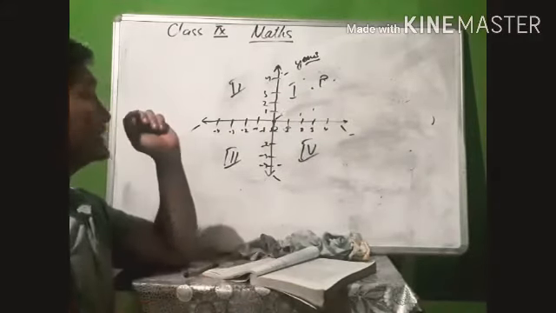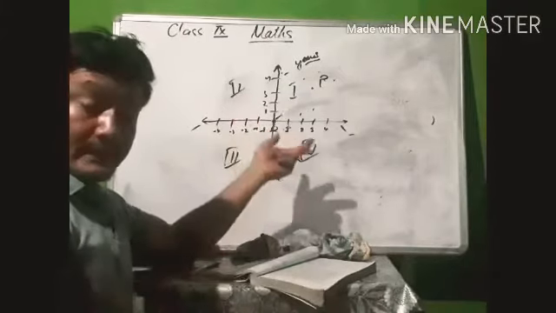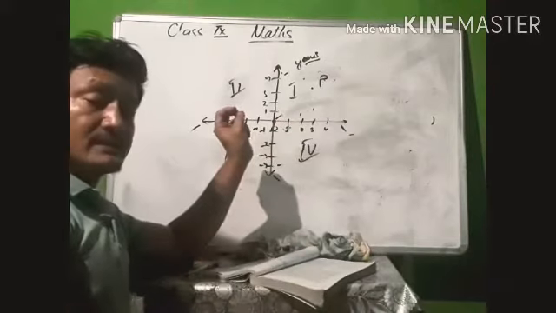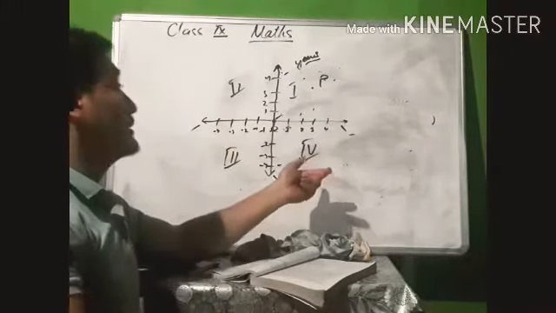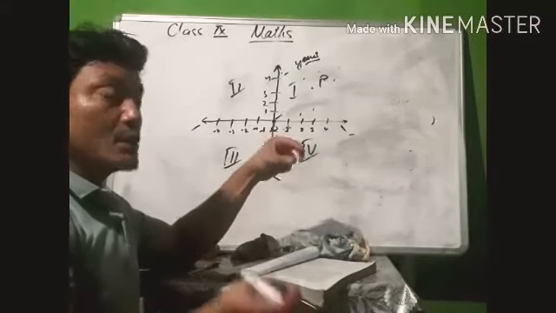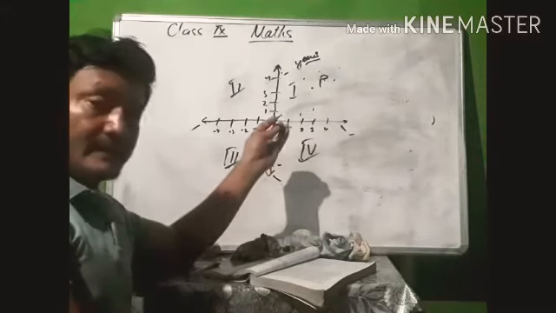But here you may have a question: where in quadrant number 1? Yes, it is lying inside quadrant number 1, but where in quadrant number 1? Can you show me the accurate position of point P?